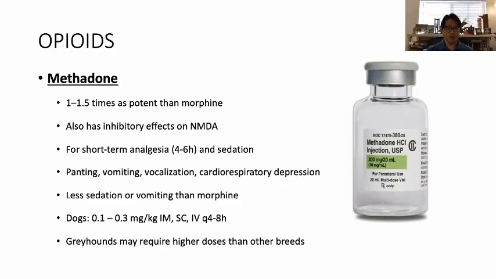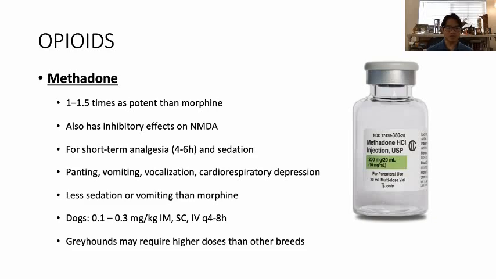It has a short-term analgesia, 4 to 6 hours, and it may cause sedation. Panting, vomiting, vocalization, and cardiorespiratory depression are the common side effects of methadone. When compared to morphine, methadone does cause less sedation or vomiting.